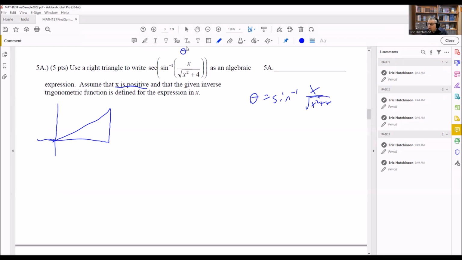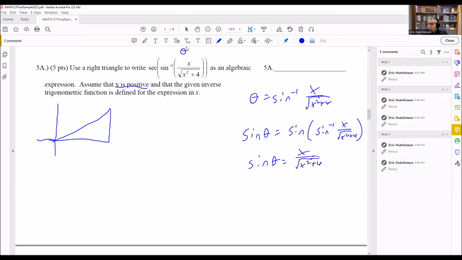Now, I can get rid of the inverse by applying a sine to both sides. So I'm going to take the sine of both sides. When that occurs, the sine and the inverse are going to cancel. And so we get sine theta is equal to x over the square root of x squared plus 4.